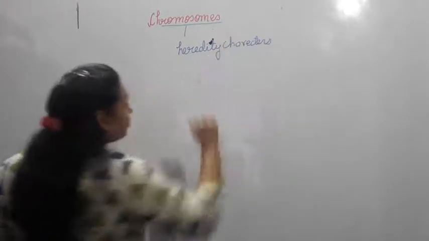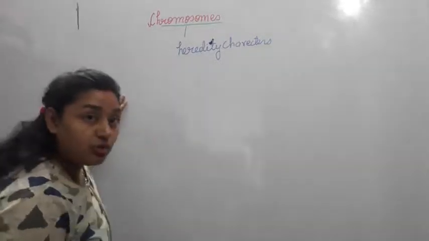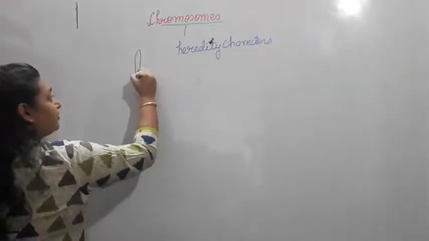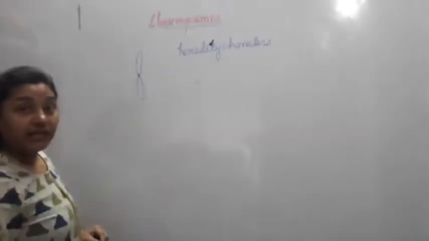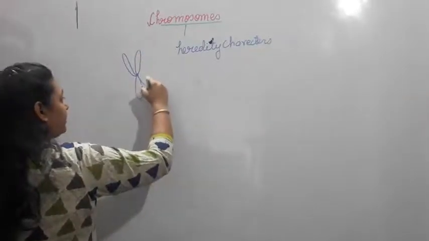and this chromosome you can see at the time of the cell division. Okay, so it can be seen in your cell division where this is developed from the chromatid structure. Now these chromosomes are somewhat like this, but when they get paired then it becomes like this.